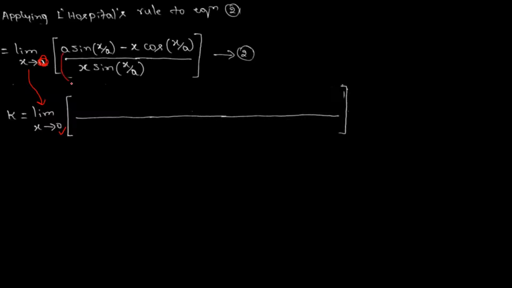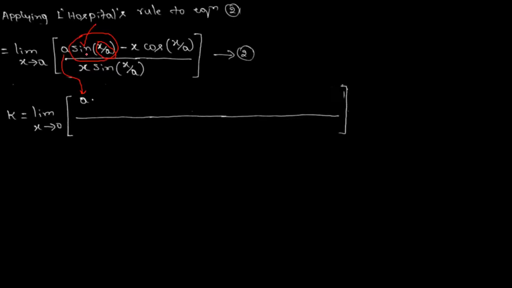This constant a we keep as it is. Here, if you observe very carefully, this is a function of a function where sine is one function and x by a is another function. Let us differentiate this sine of x by a by using chain rule.